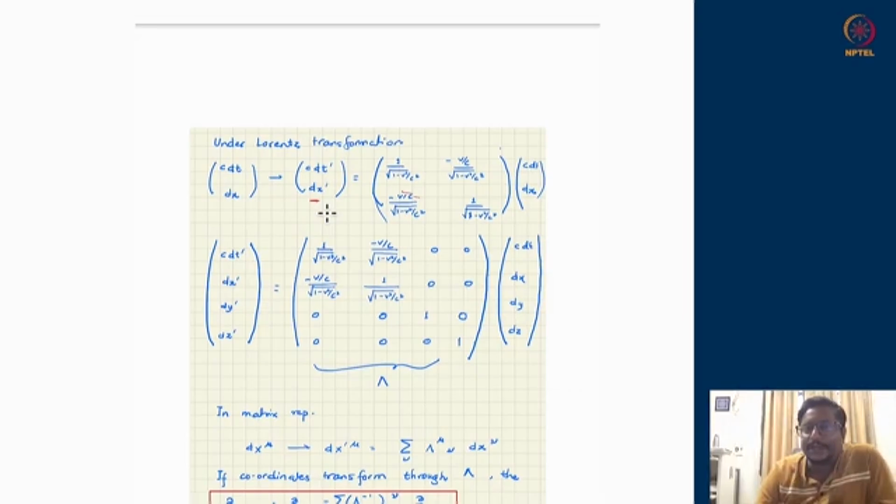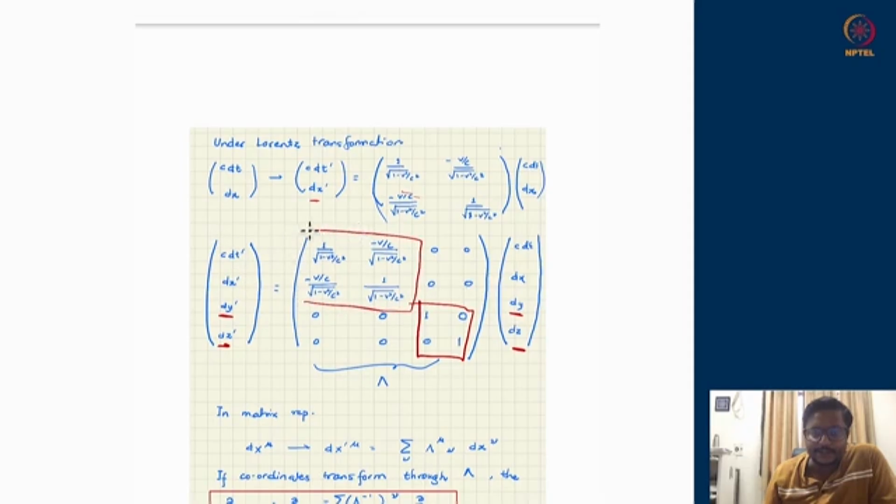Similarly, if I expand the domain to 4 dimensions, 3 plus 1 dimension, if I am moving along only the x direction, nothing is happening along the y and z directions. So dy prime should remain dy and dz prime should remain dz. That means they are connected by some identity matrix, while t and x are getting mixed, so they are connected by some non-trivial matrix, which is here.